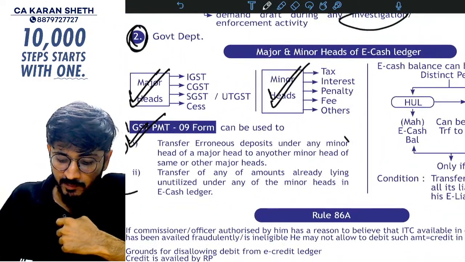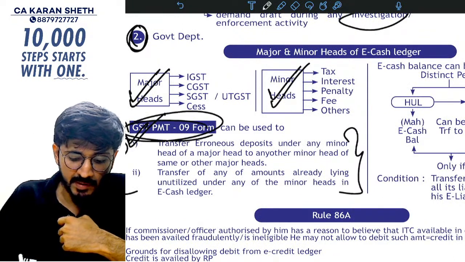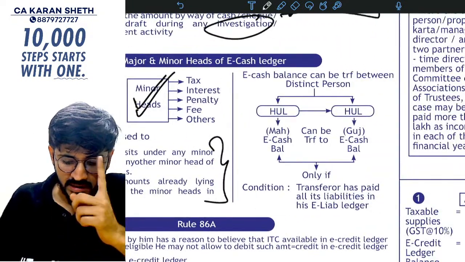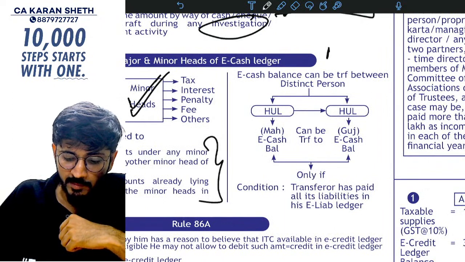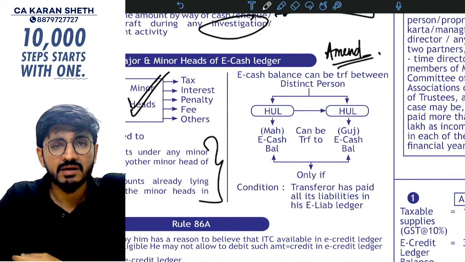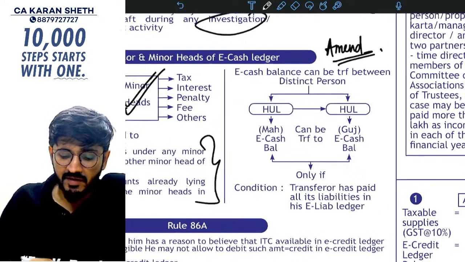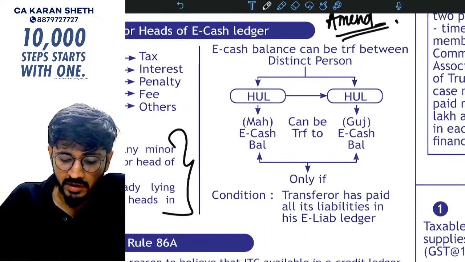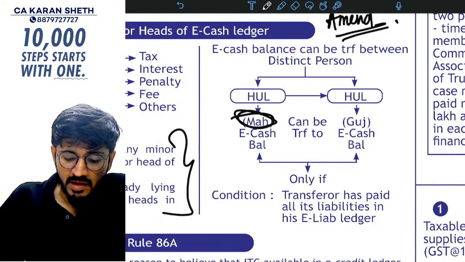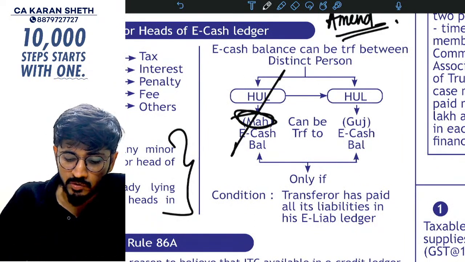This is an important form. Please keep in mind and remember this. It's extremely important. There is also an amendment in it. Let's say, for example, I have some cash balance in the branch of HUL Maharashtra, and this branch is closing down.